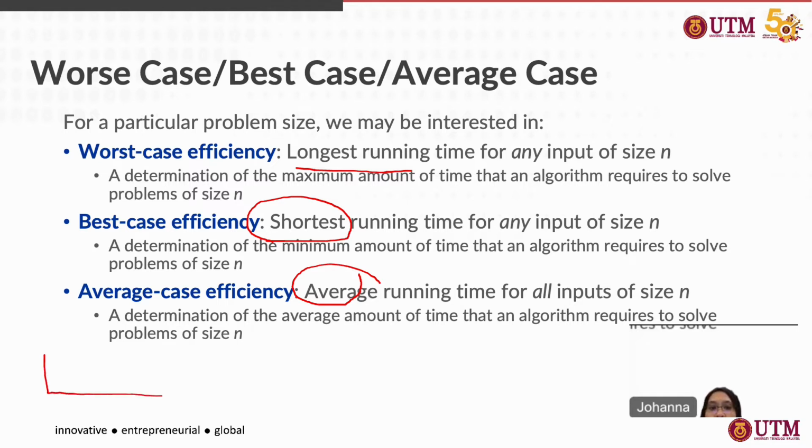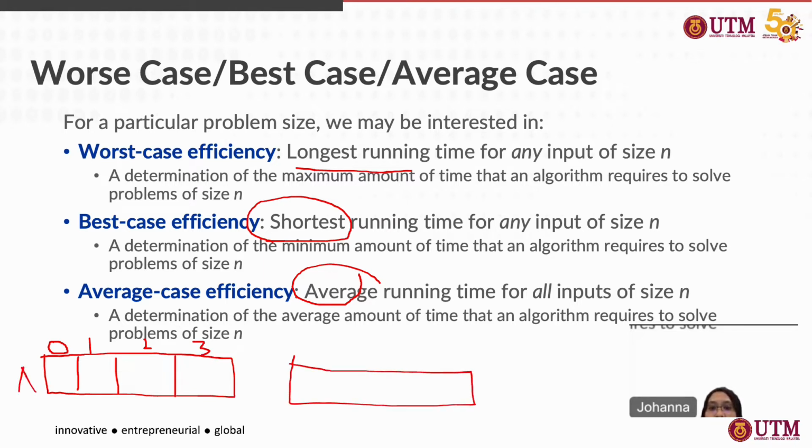Let's say here I have a data size, and I start with the index of 0, 1, 2, and 3. Assume that I have three data sets, A, B, and C. Let me draw them, 1, 2, 3, 4.